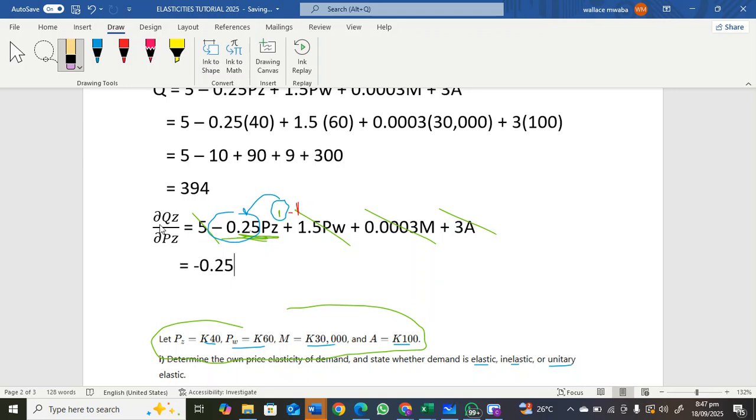Okay, now when we're deriving, remember, when deriving, this PZ is like to the power 1, okay? All these, even this PW, when we come to it, it's to the power 1. This M is to the power 1. This A is to the power 1.